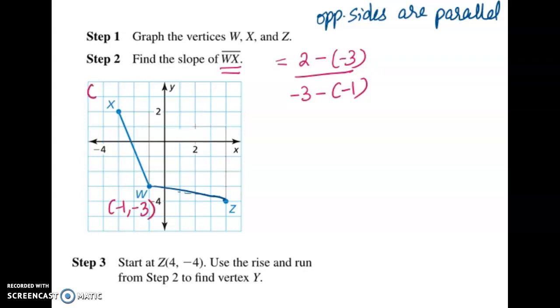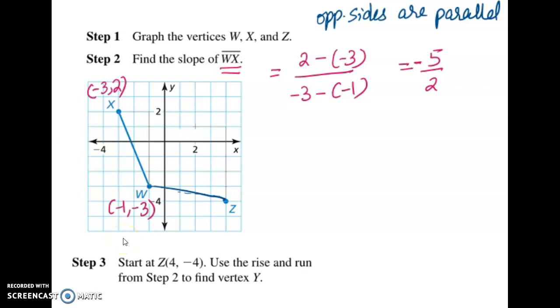Coordinate for X that is given to us is -3 and 2. I plugged it in rise over run, and this is what I will get as my slope, 5 over -2, which is -5 over 2.